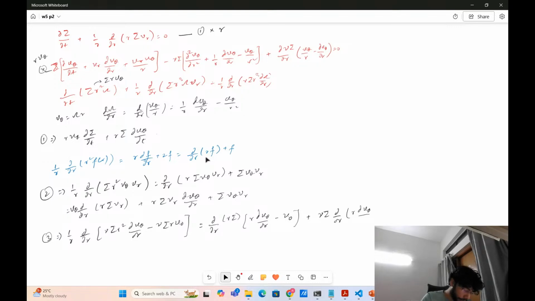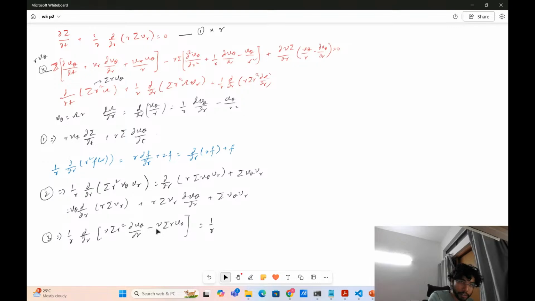Let me first expand this a little more. We can take μ σ common from both the terms, since both have μ σ, and then using chain rule, we first do the derivative of μ σ and then the derivative of the rest of the term. So let's see how it looks.